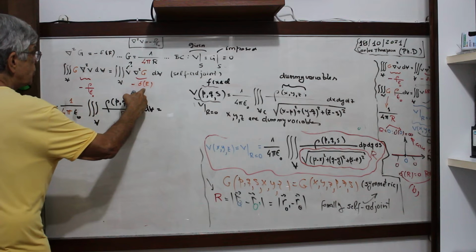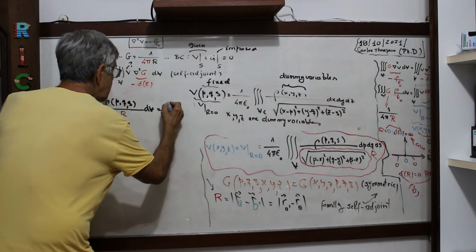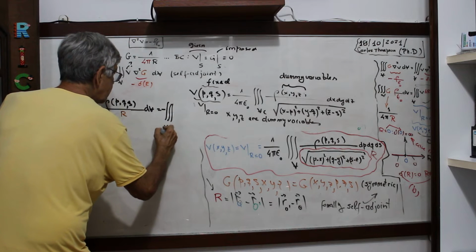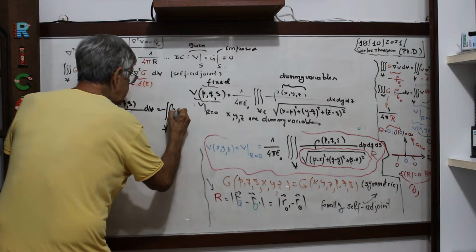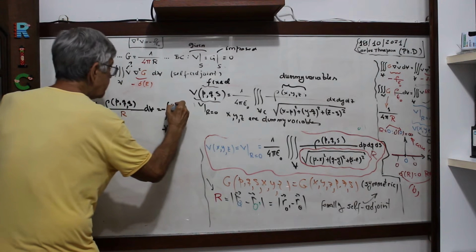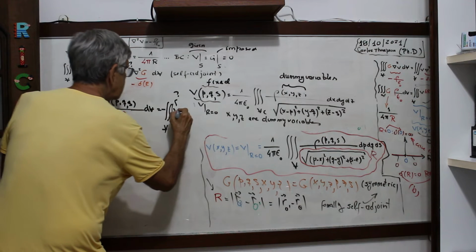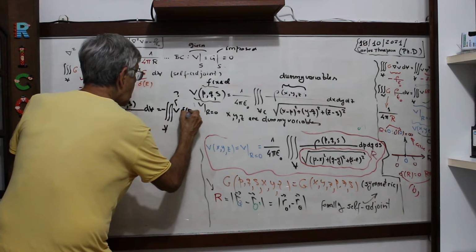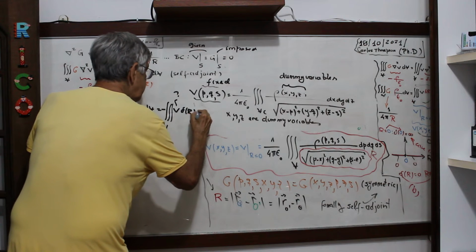Now I substitute here delta of R. This is minus the integral of V. Attention now, this is V, the same V. I put it right here. Now minus delta of R dV.